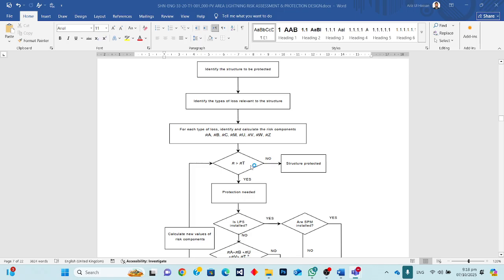On this basis, RA, RB, RC, RM, RU, RV, this component basis, we calculate the total risk.